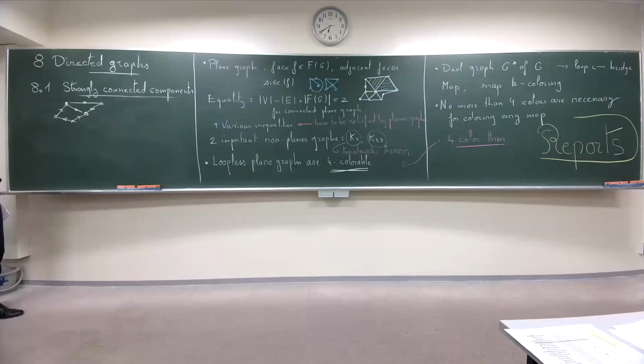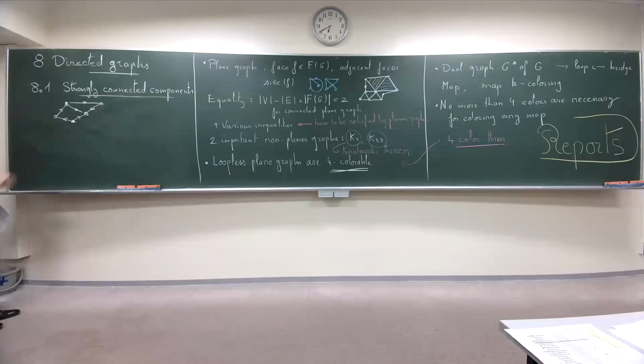So this one is probably not strongly connected because you can never come back to this one. You can leave this vertex, but you cannot come back to it. So for sure, this graph is not strongly connected. But the notion of strongly connected takes into account the orientation.